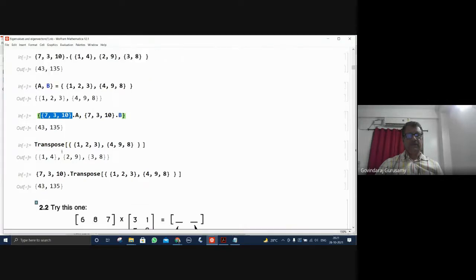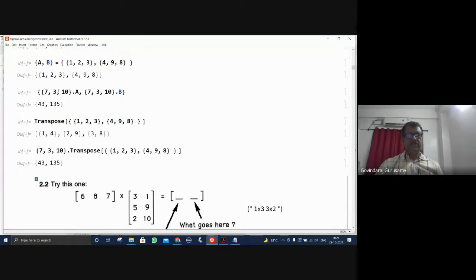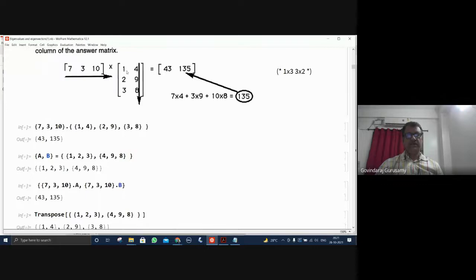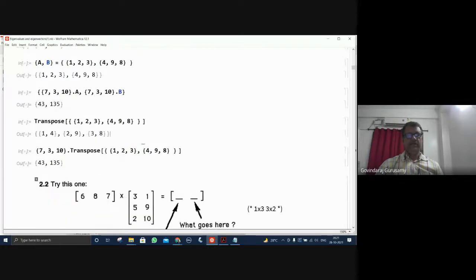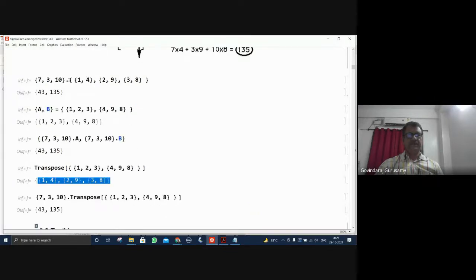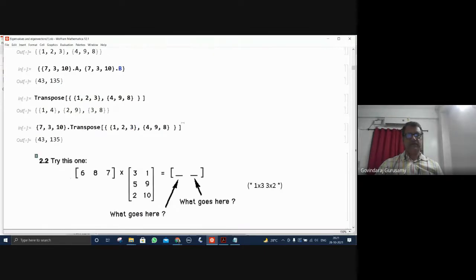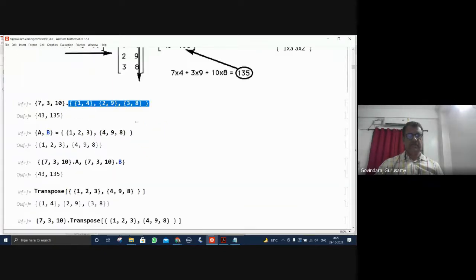Otherwise, you can write this column 1, 2, 3, and then 498. Transpose it. When you transpose these forms in this manner, this will be converted into this form. Then do it. Okay, transpose this, then multiply. Mathematica handles this kind of rows and columns, and how the multiplication is done.